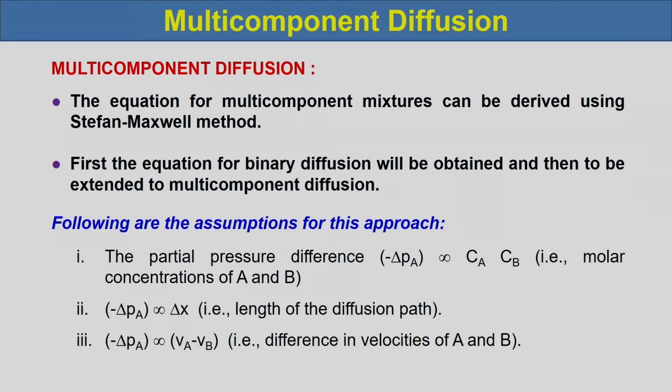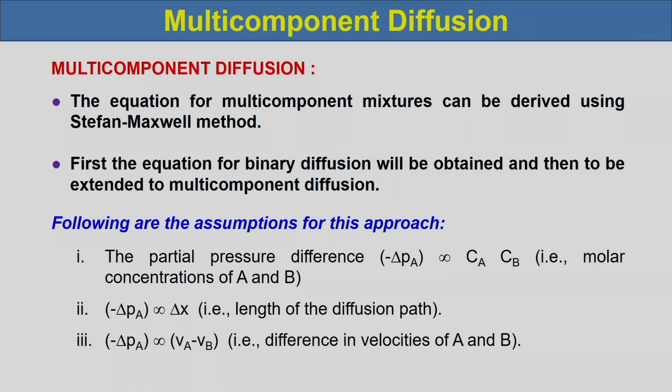And third, the partial pressure difference is proportional to the difference in the diffusion velocities of A and B, which is Va minus Vb.